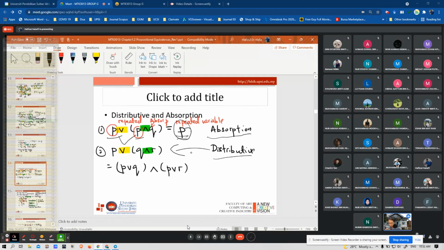Distributive means you need to group for the hypothesis. For example, we have P and Q, we combine, and we put here P or R. Distributive is the variable itself.